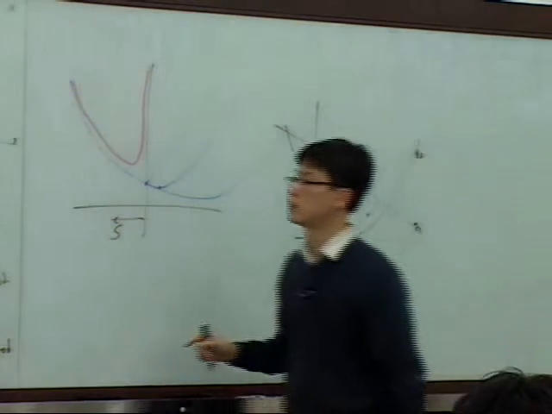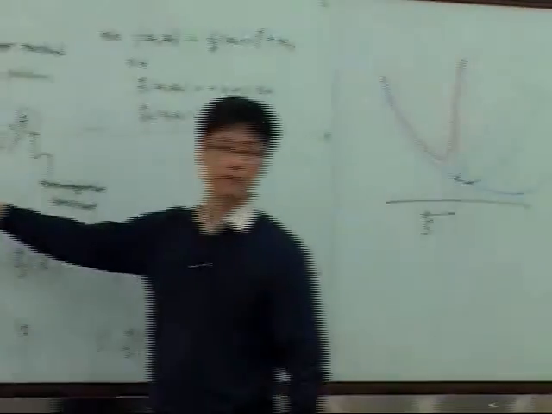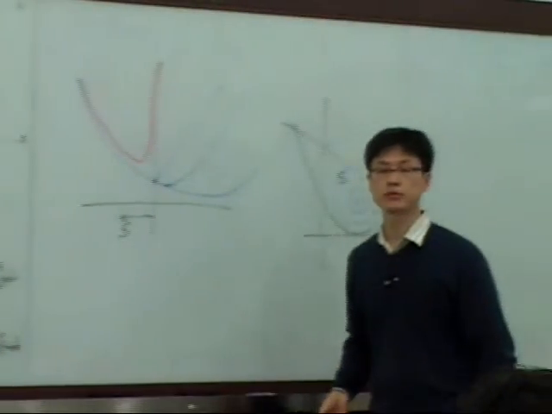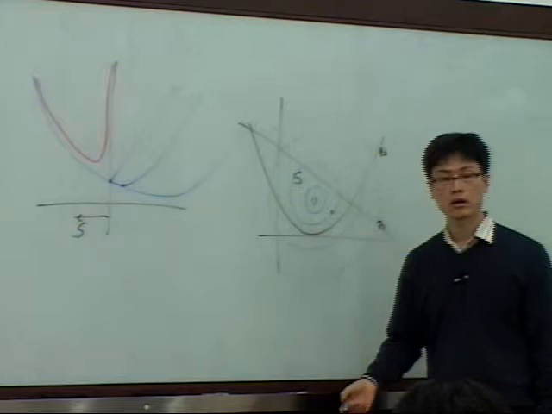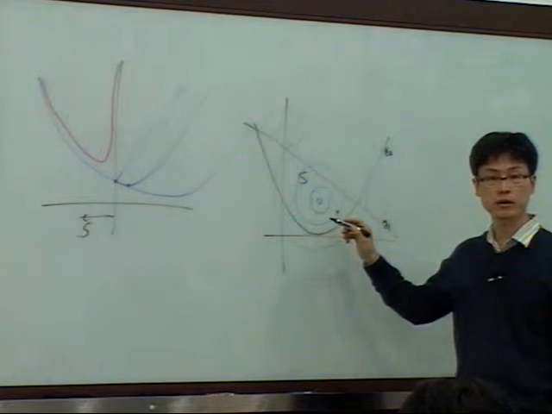Then your objective function is just like this f(x), and all you have to do is solve the unconstrained optimization problem because you're inside of this region, right?